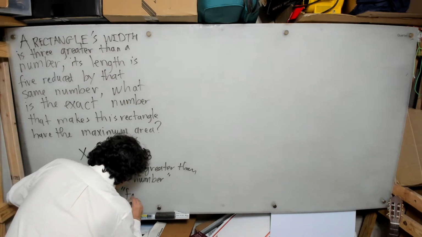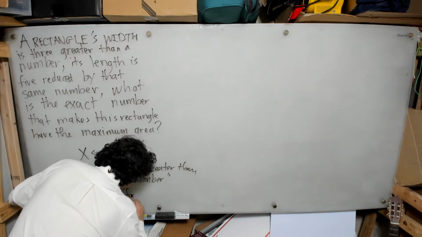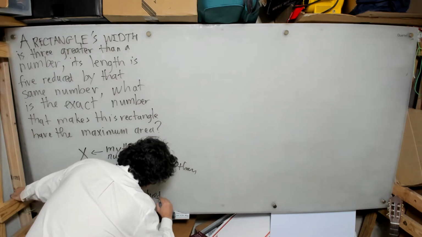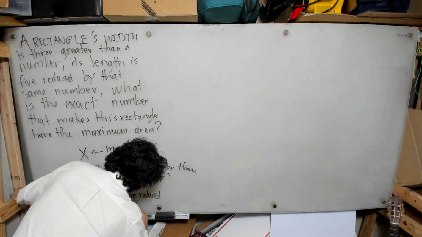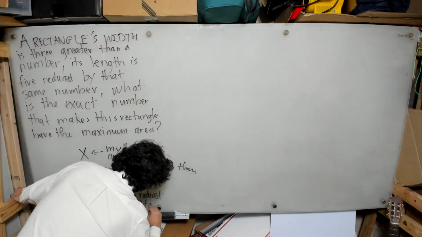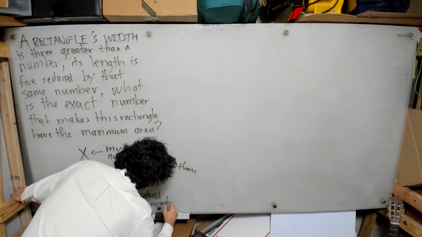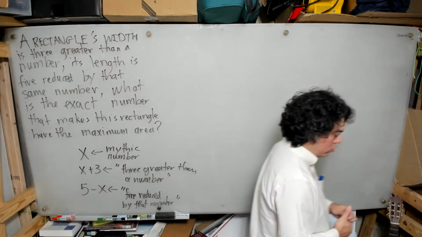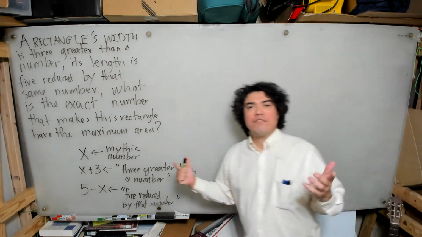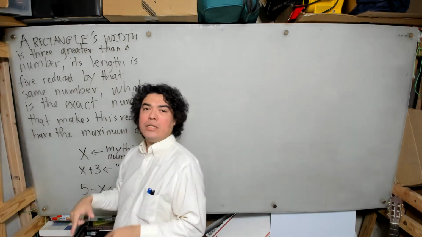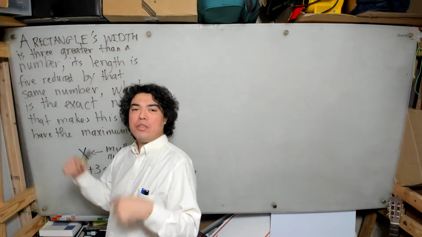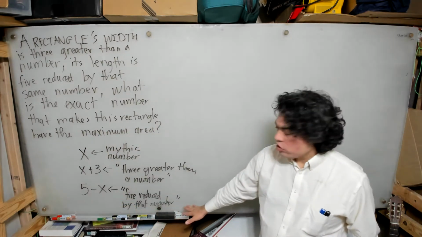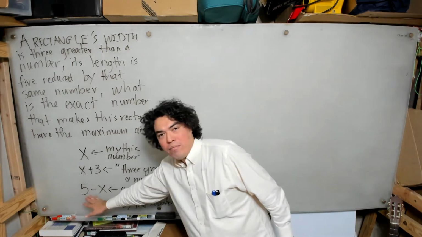So that is my translation of 5 reduced by that number. So if I asked you what is 5 reduced by 1, that's 4. 5 reduced by 3, 2. In this case, I hope I've convinced you that 5 reduced by that number is 5 minus x.